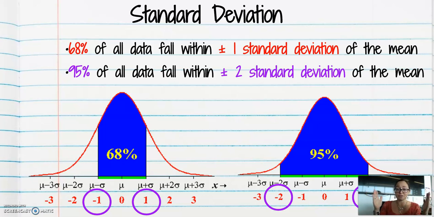So 95% of those frogs would fall within that range. If the frog legs were all very similar, you would have a very small standard deviation because it'd all be very close to the average. But if you had lots of variation in those frog legs, and some were really long, some were really short, you would have a larger standard deviation to explain how all those frogs are spread out.